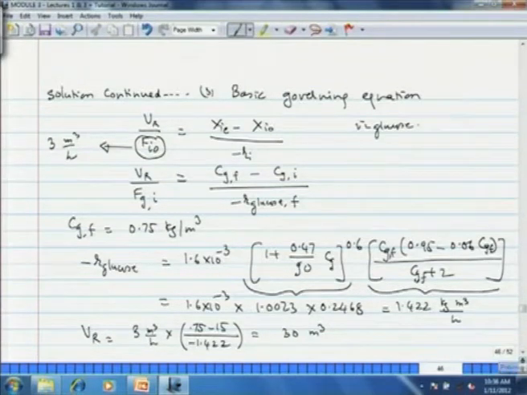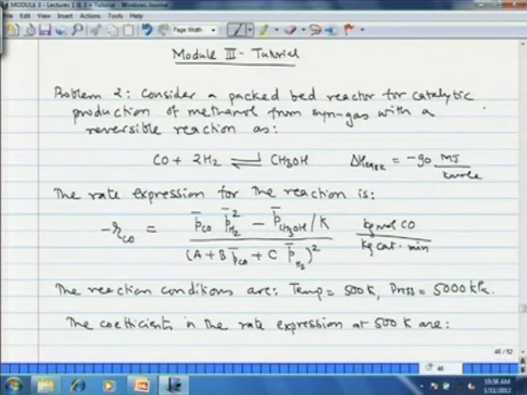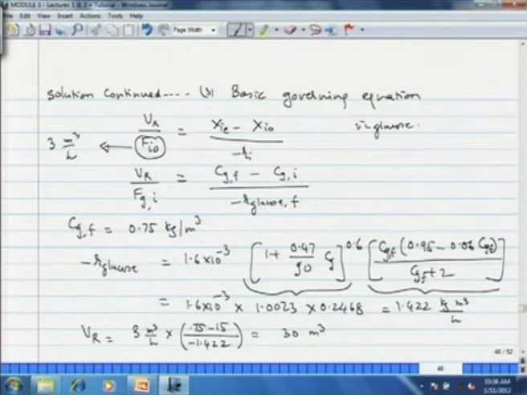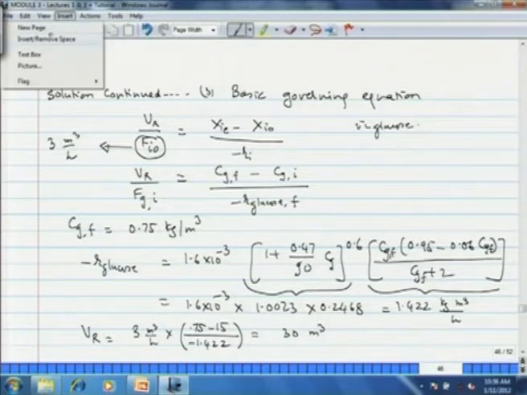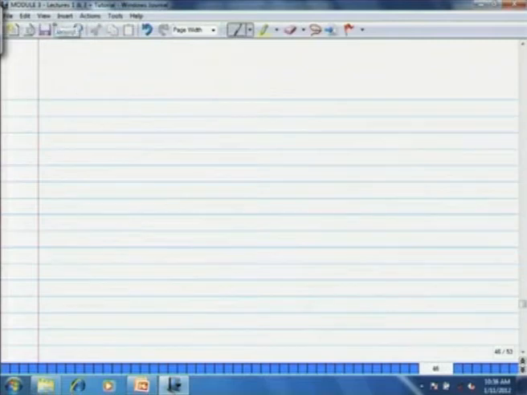So, we have answered the first bit of this particular question. Now, the next task is to estimate the cost.